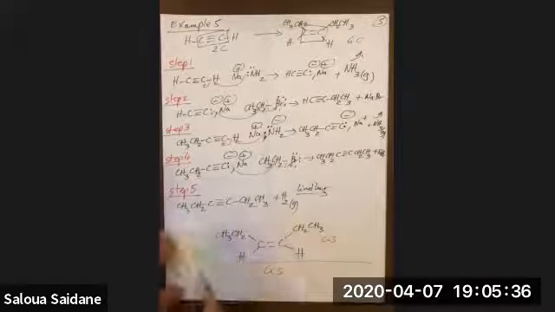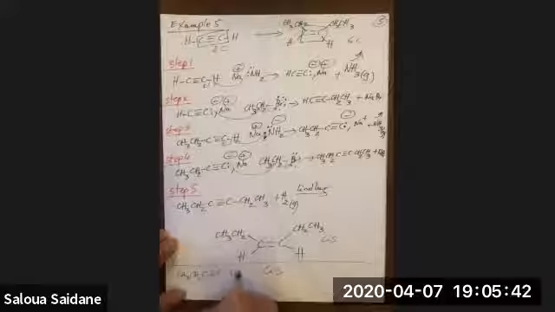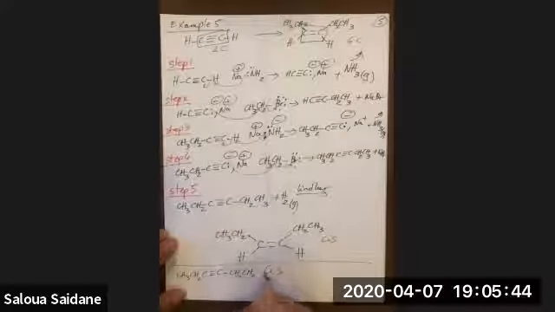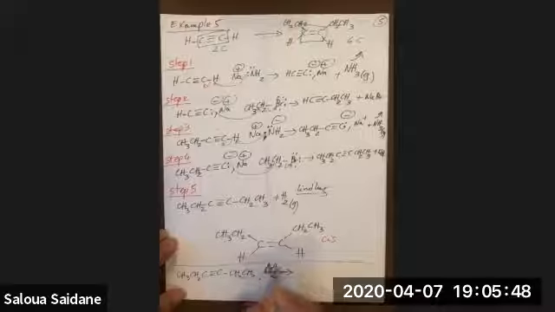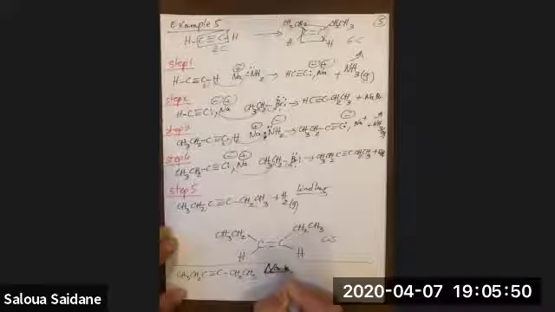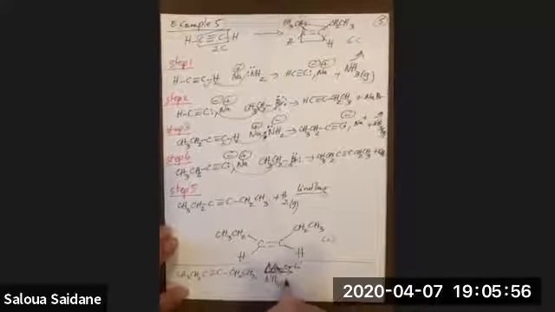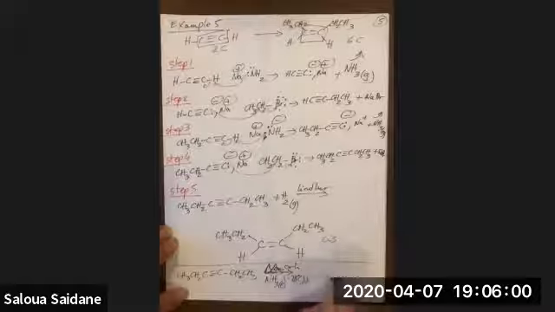For the trans, I would do CH3, CH2, C, C, CH2, CH3, and then here we would use Na or lithium, okay? And we would use NH3 liquid at minus 78 degrees Celsius, and we would get the trans.